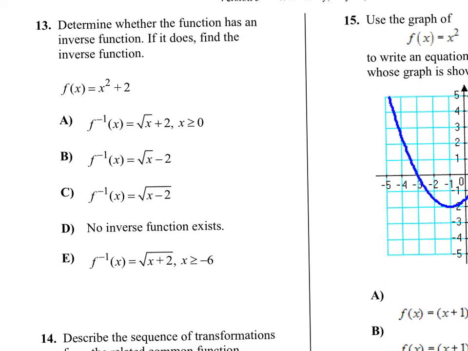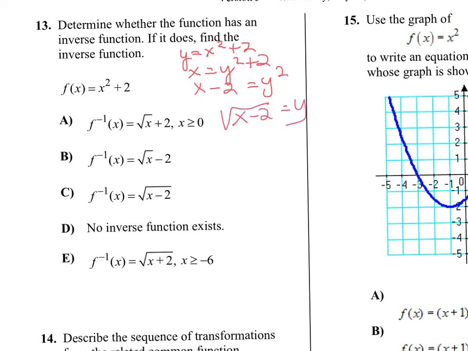Plug in a y and switch: x equals y squared plus 2. x minus 2 equals y squared. Square root of x minus 2 equals y. So the inverse function would be the square root of x minus 2.